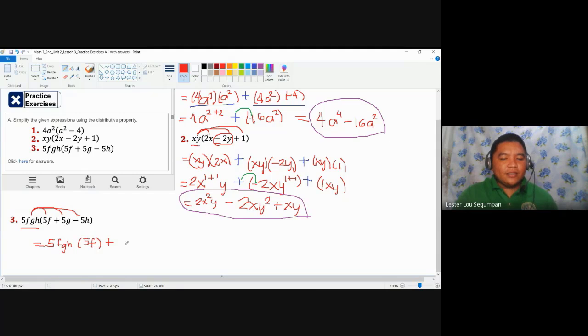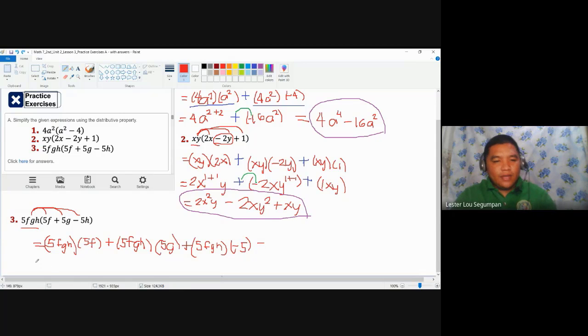And then plus, let's use plus. And then 5FGH times 5G. And then again, use plus sign, even if it's minus, do not worry. You have 5FGH times negative 5. Okay, which will result later to this.